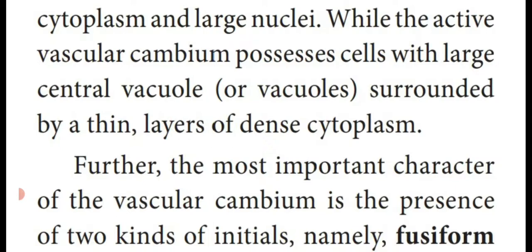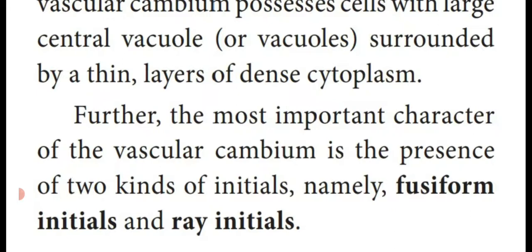Normal vascular cambial cells are isodiametric, containing dense cytoplasm and large nuclei. Active cells contain a central vacuole surrounded by a thin layer of dense cytoplasm.